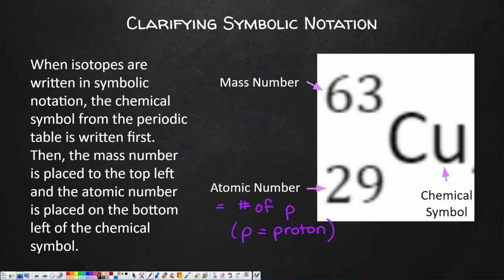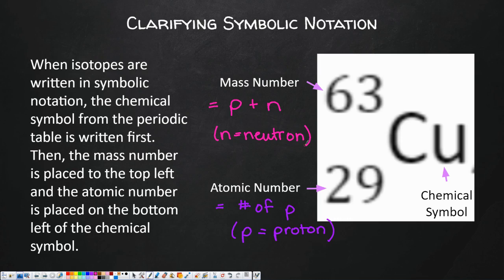And my mass number is equal to my protons plus my neutrons. So these will both always be whole numbers.